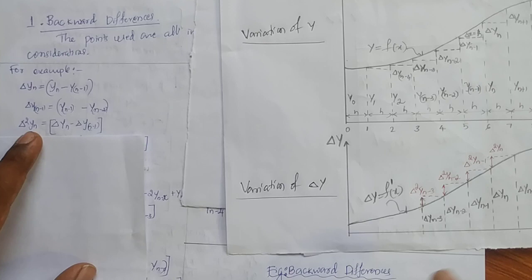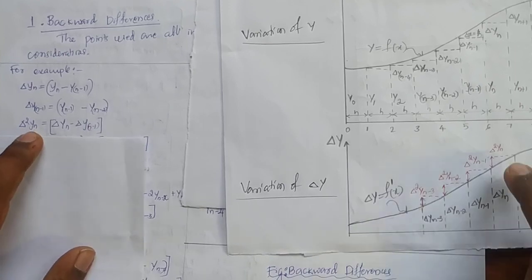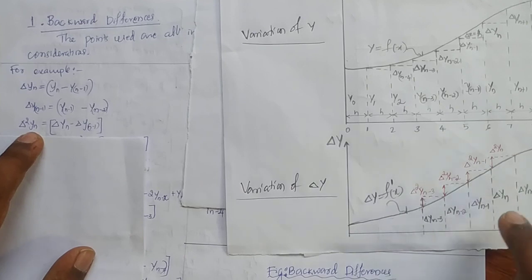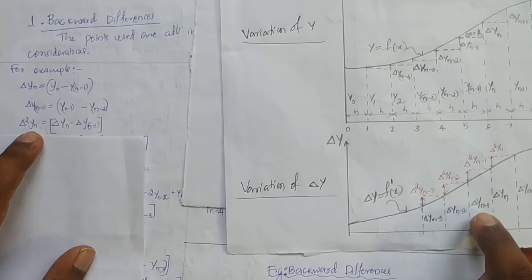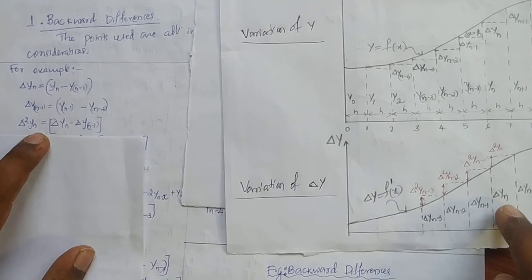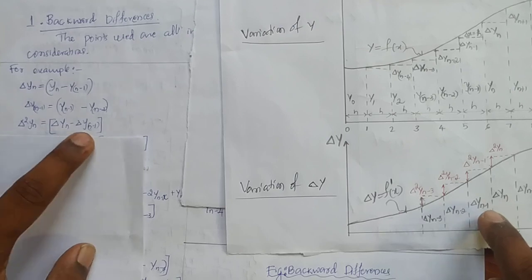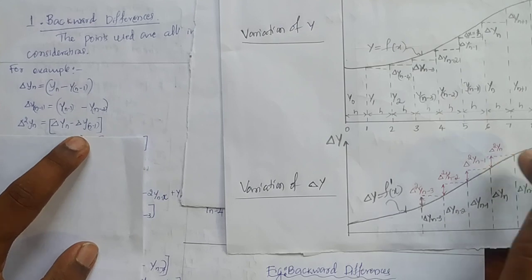So delta square yn, how do you calculate delta square yn? That's nothing but the difference between these two, delta yn minus delta yn minus 1. That difference will give you delta square yn.